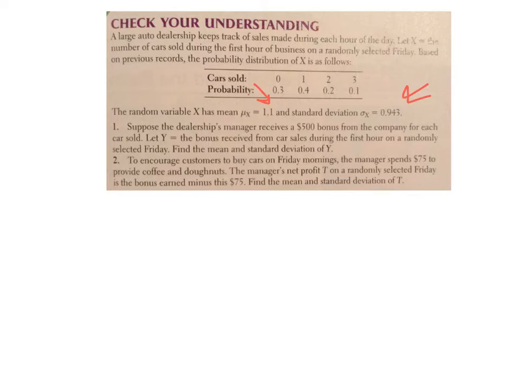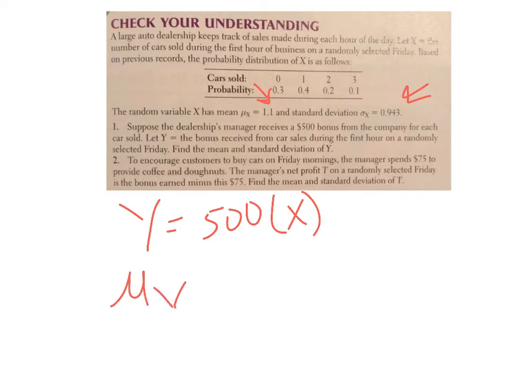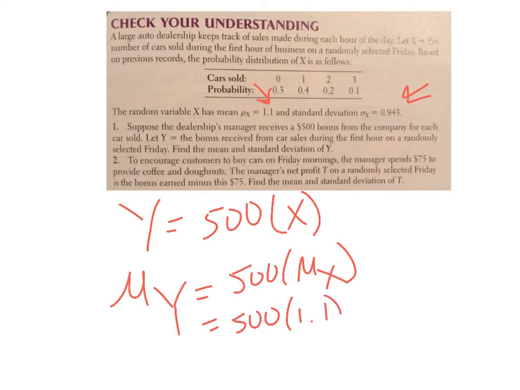Find the mean and standard deviation of Y. Well, if Y equals the bonus that's received, then basically Y equals 500 times X. So if I want to figure out what my mean of Y is, I can take 500 times the mean of X, which is going to give me 500 times 1.1, which will in turn give me $550.